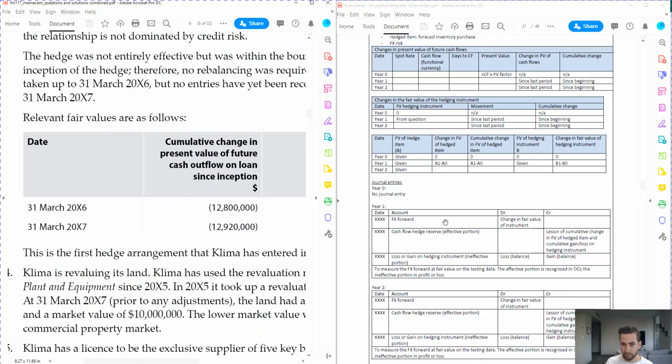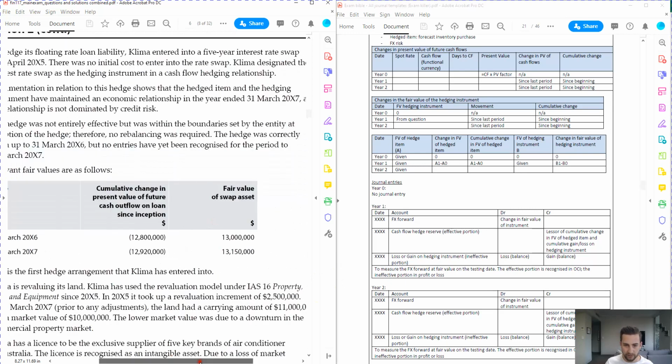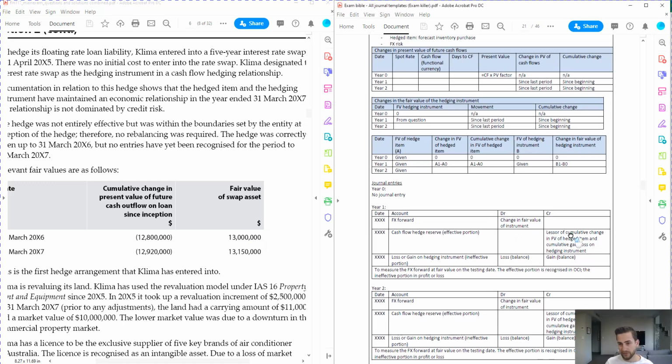It's typically the same portion approach in year 1 and year 2. Basically, on the debit side, you've got the change in the fair value of the asset. Okay, so we know that the fair value has gone up from 1.5 million from 13, so we know that debit is 150,000. And on the credit side, it's saying the lesser of the cumulative change in fair value of the hedged item, that's 150 as we mentioned before, and the cumulative gain or loss on the hedging instrument.